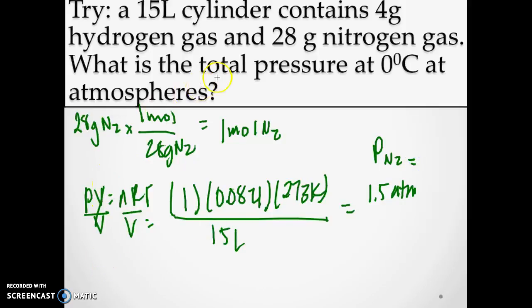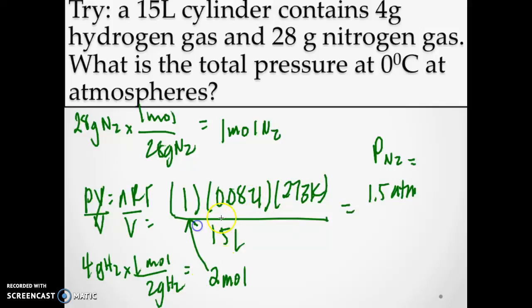Now we do the same, but this time for hydrogen. So 4 grams of hydrogen gas times 1 mole per 2 grams of H2. Just use the molar mass. So I get 2 moles. And so I could already tell that it's going to be double this, because if you just plug in, it's going to be double. It's going to be this R constant, so essentially you're just putting a 2 there.